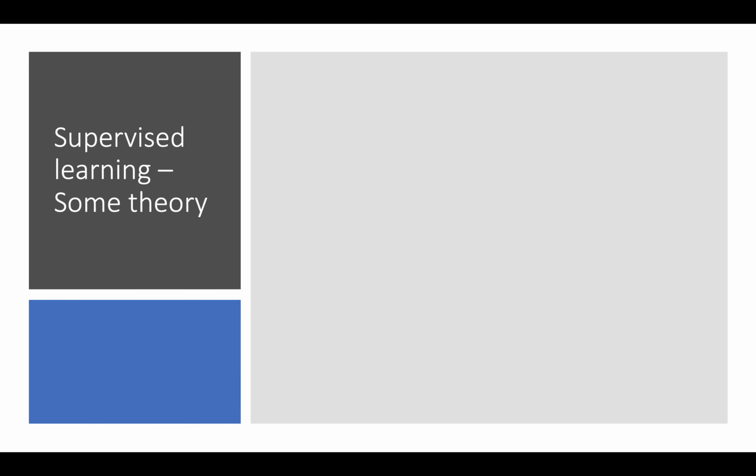Now, let me give you some bit of theory. It's not really that complicated. It's just putting all the words that I said into some sort of scientific formulation. So in supervised learning, the data set is a collection of labeled examples, tuples of xi and yi's, where i ranges from 1 to n.